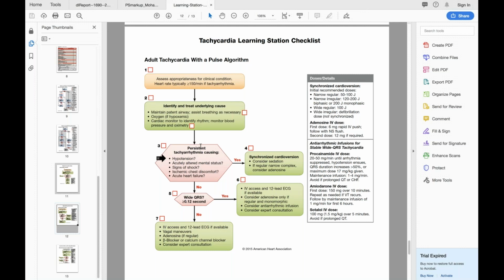Any one of them that is abnormal, if he tells you, I'm not okay, like I'm confused, this is one sign that he's unstable. Chest pain, discomfort, he's not stable. If he tells you, I have shortness of breath, I cannot breathe, he is not stable. If the blood pressure is low, he is not stable.